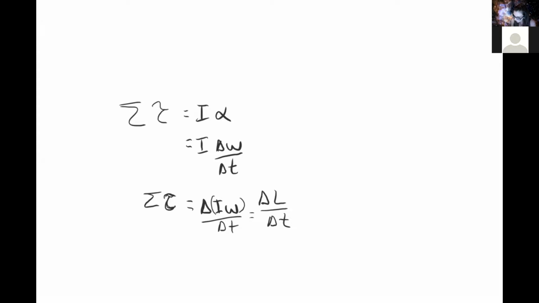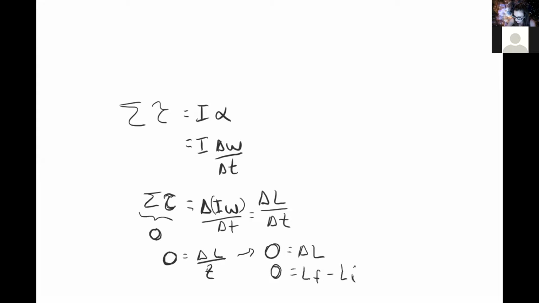Then if we have no external torques in our system, so the sum of torques is equal to 0, then we can say that 0 is equal to our change in angular momentum over time. This is essentially saying that 0 is equal to our change in angular momentum. Now we can write the change in angular momentum as the angular momentum at some final point minus our angular momentum at some initial point, and that is equal to 0.